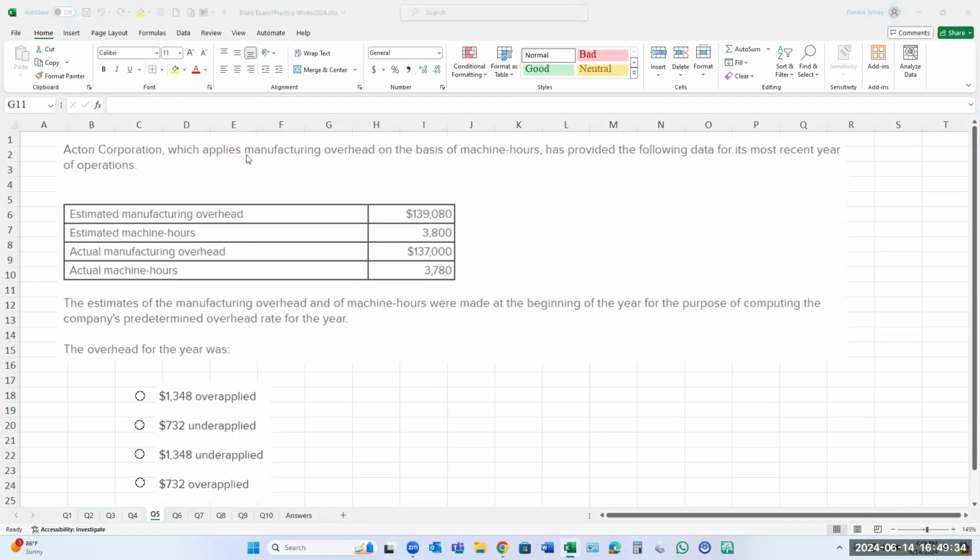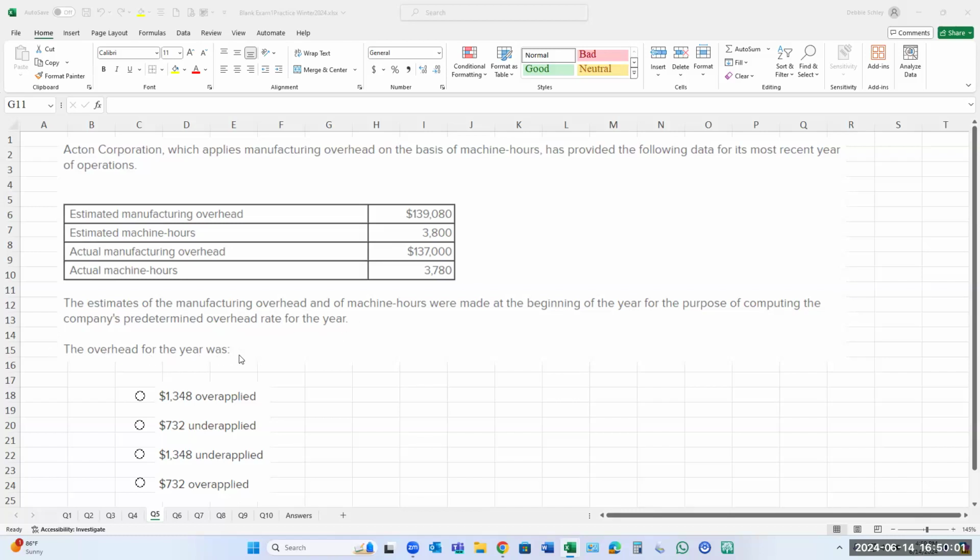Acton Corporation, which applies manufacturing overhead on the basis of machine hours, has provided the following data for its most recent year of operations. So they gave me estimated overhead and hours, actual overhead and hours. The estimates of the manufacturing overhead and machine hours were made at the beginning of the year for the purpose of computing the company's predetermined overhead rate for the year.